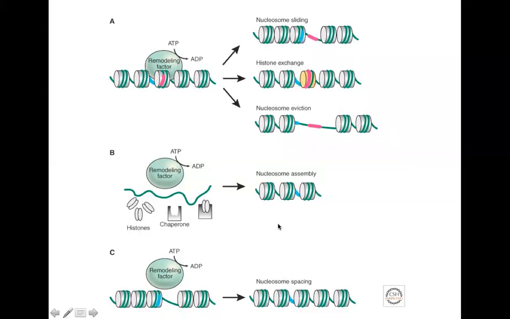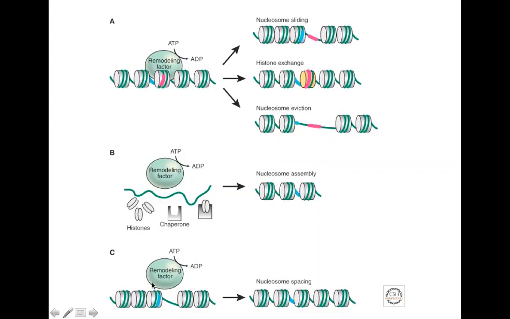So it needs to be compacted again or condensed again. So that would be mediated again by the chaperones, histone proteins. So chaperones would bring in the histone proteins and put them back in case the nucleosome was removed. So if the nucleosomes were removed, they put back these nucleosomes or histone proteins, and then the DNA is wrapped around them, and this constitutes the nucleosomes back again.